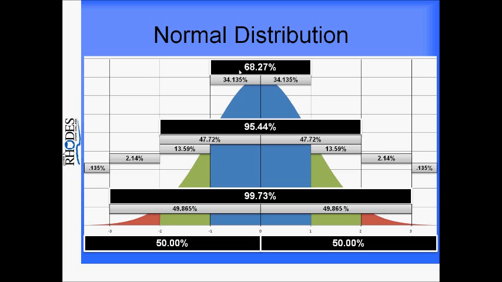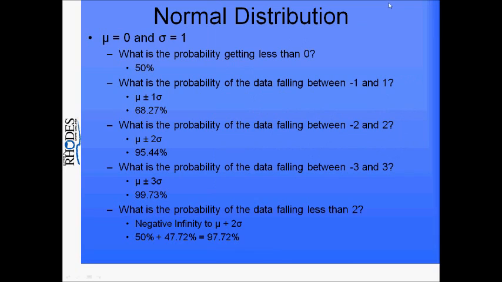So keep this chart in mind, and as we ask the questions, -2 to 2 is 95%. From -3 to 3 is 99.73. And then the probability of data being less than 2. So when I say less than 2, you have to recognize that negative infinity to 2.